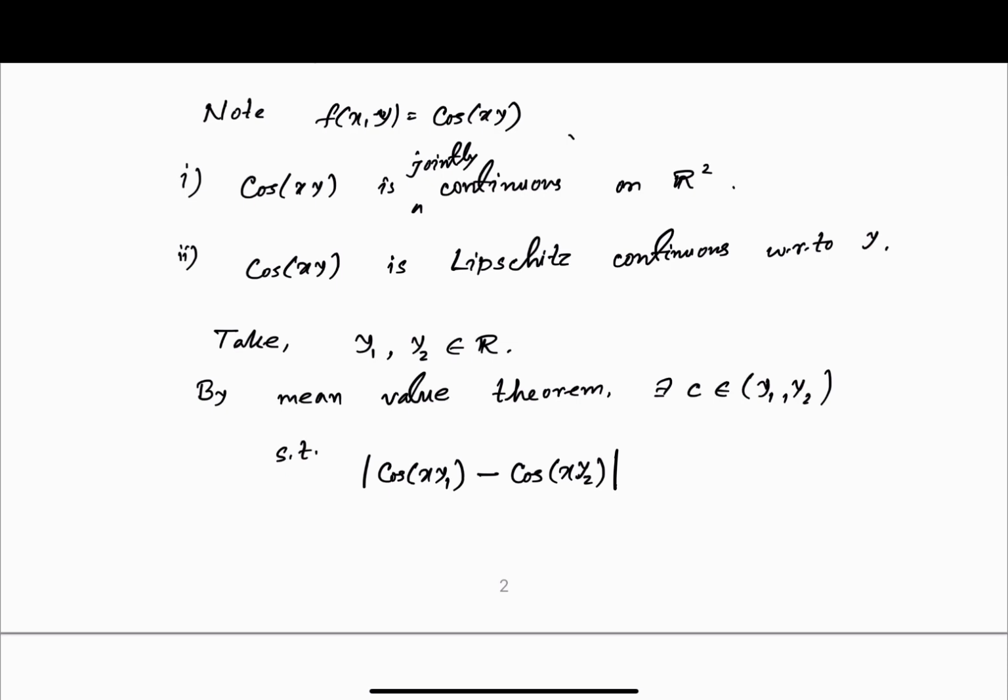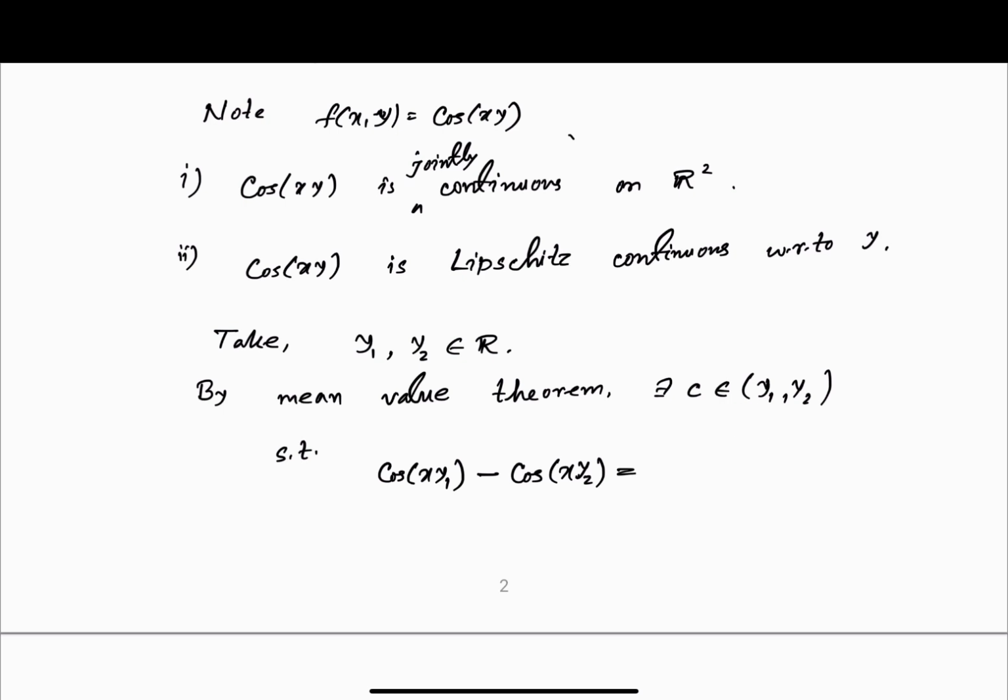So this should not be the modulus, this should be less than or equal to the derivative. The derivative of cos of xy with respect to y at the point c.